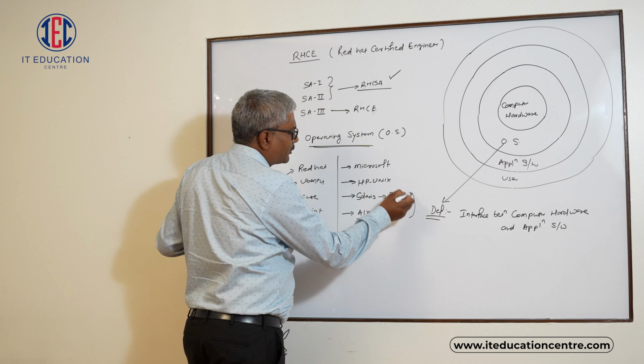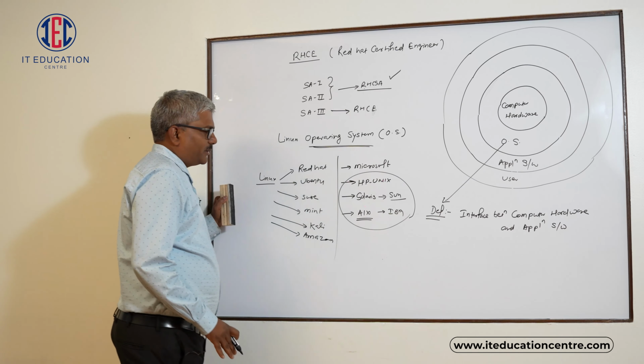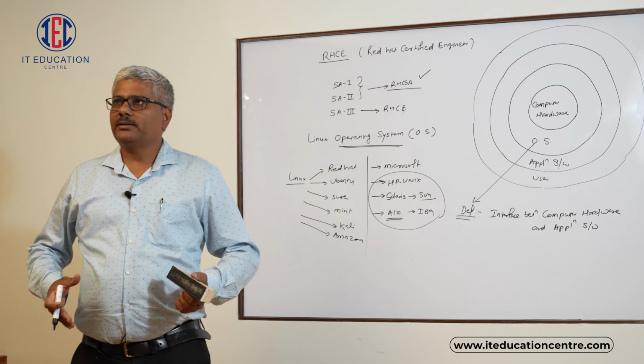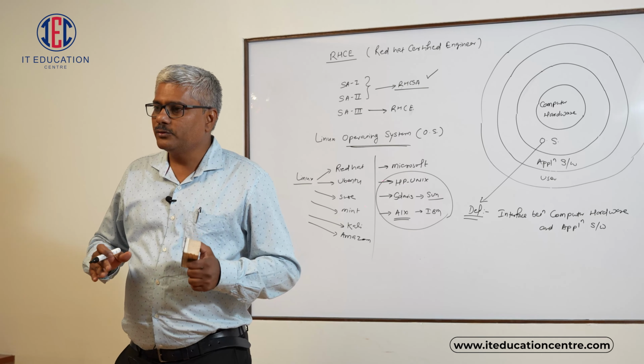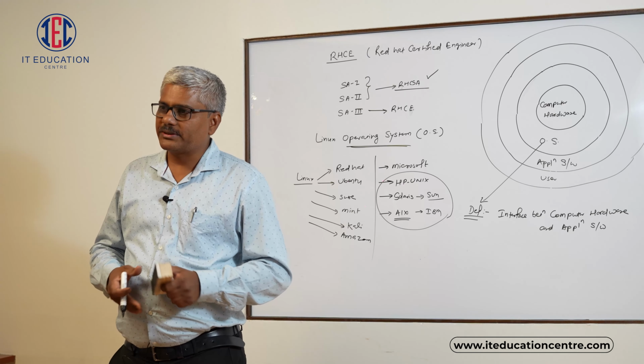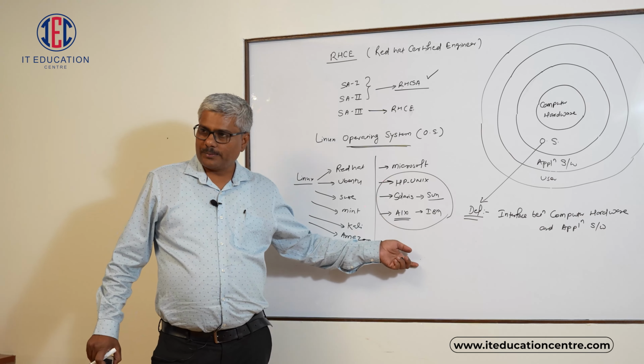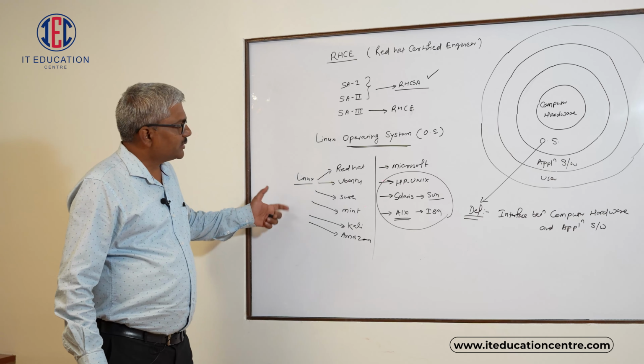These are called power operating systems. Why power operating systems? If we want a server with huge processing power and huge storage capacity, at that time we can use these operating systems.